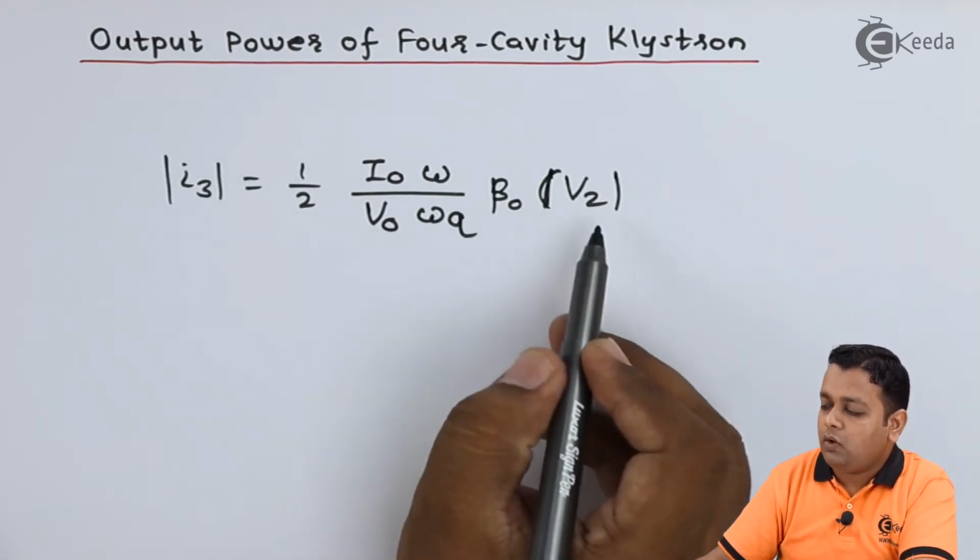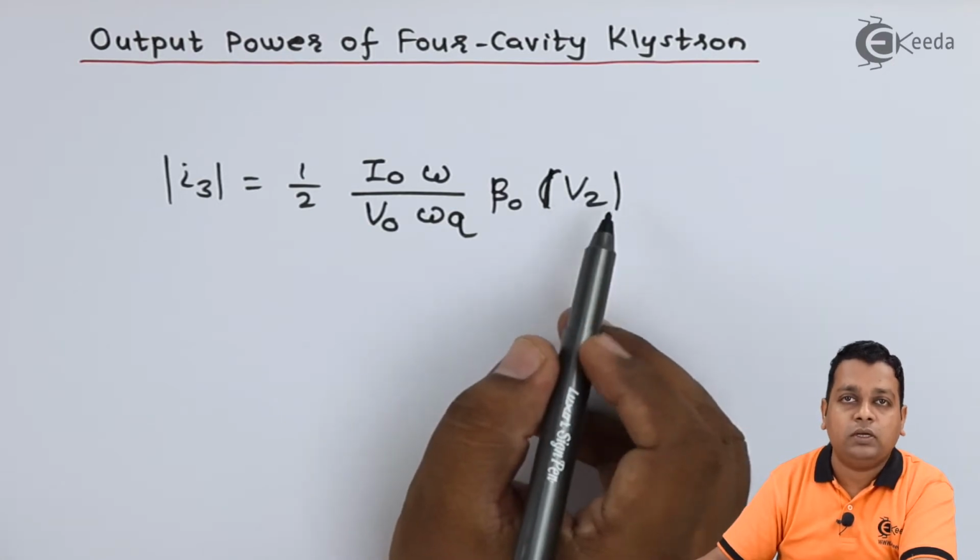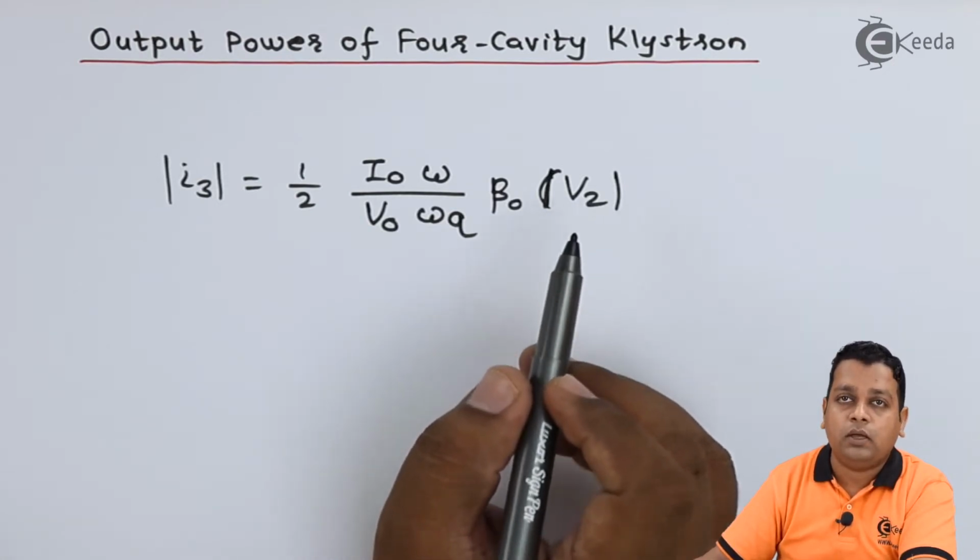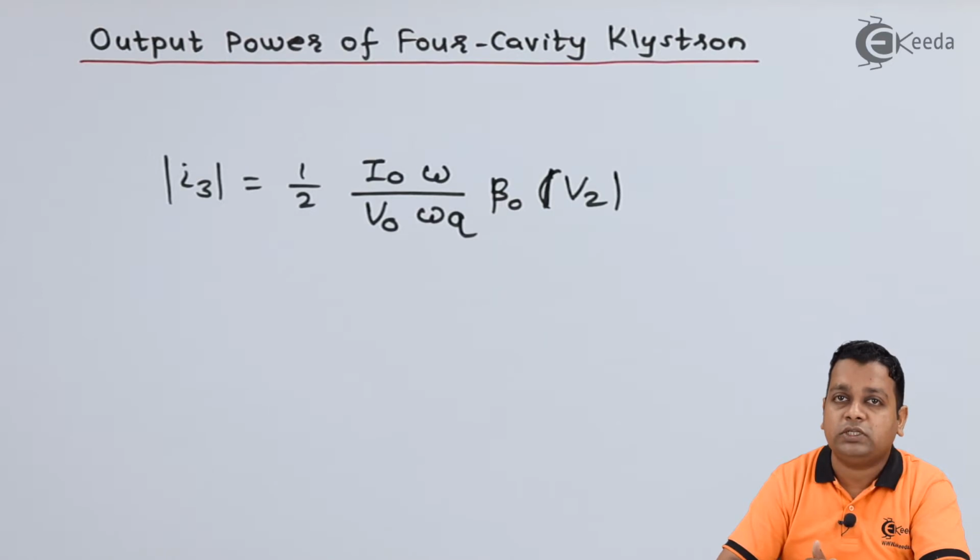Now we have mod V2 here. So this is the magnitude of the RF voltage taken out from the preceding cavity, for the second intermediate cavity.